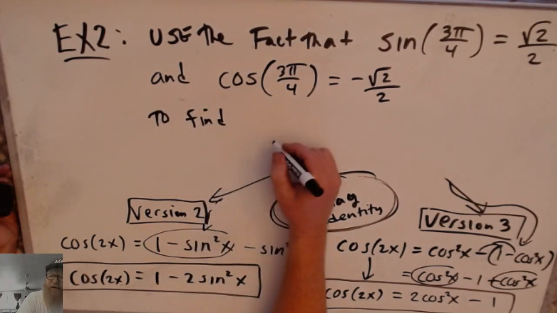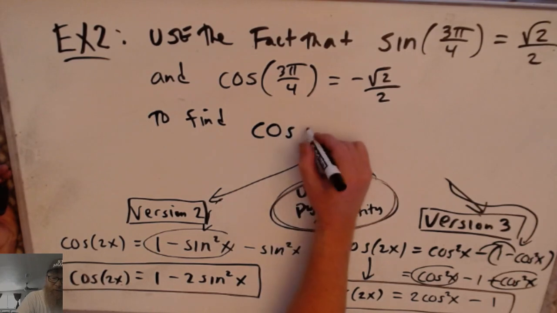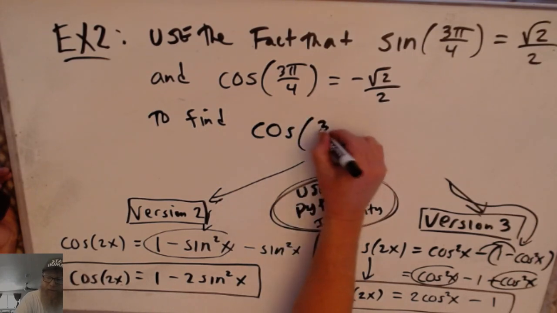I want you to find cosine of 3 pi over 2.